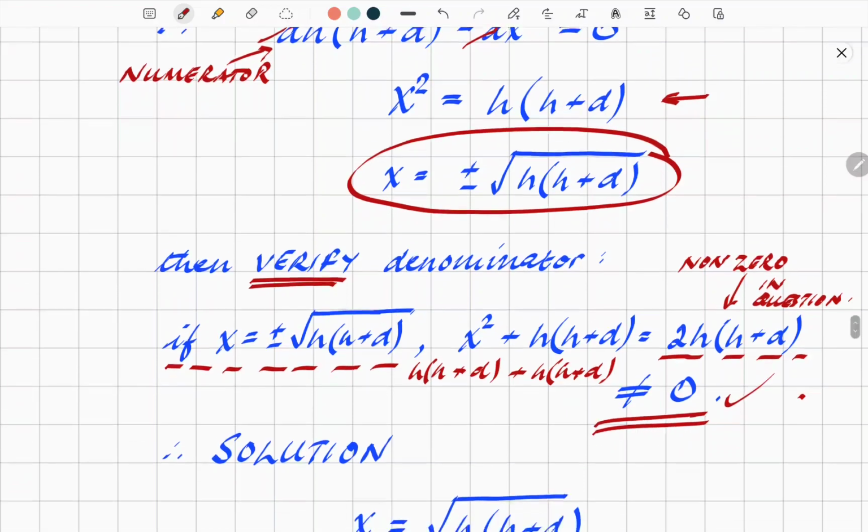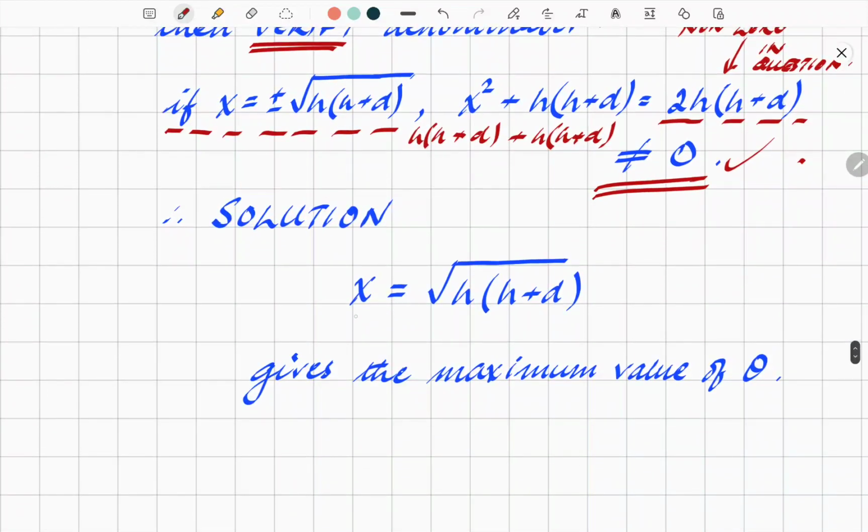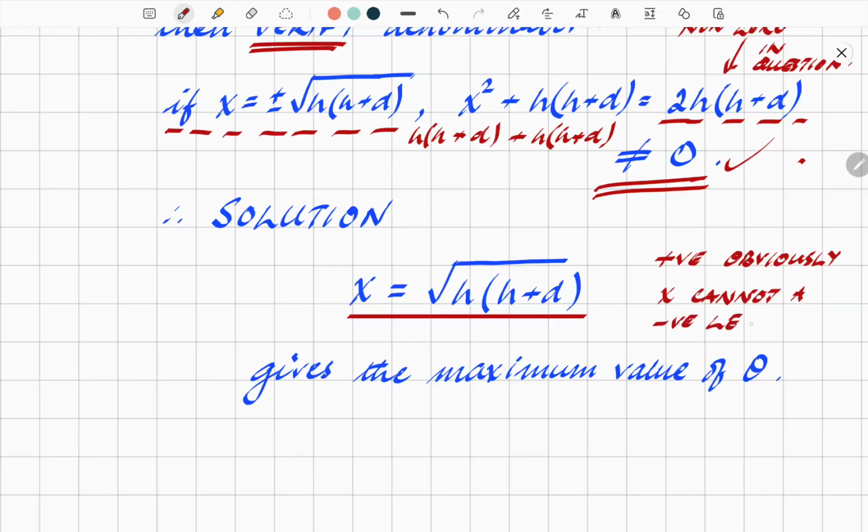So finally, we come to our actual solution. And that is that x equals the positive root of h times (h plus d). Positive because obviously, and I'm going to write obviously, but I'll state it anyway, x cannot be a negative length.